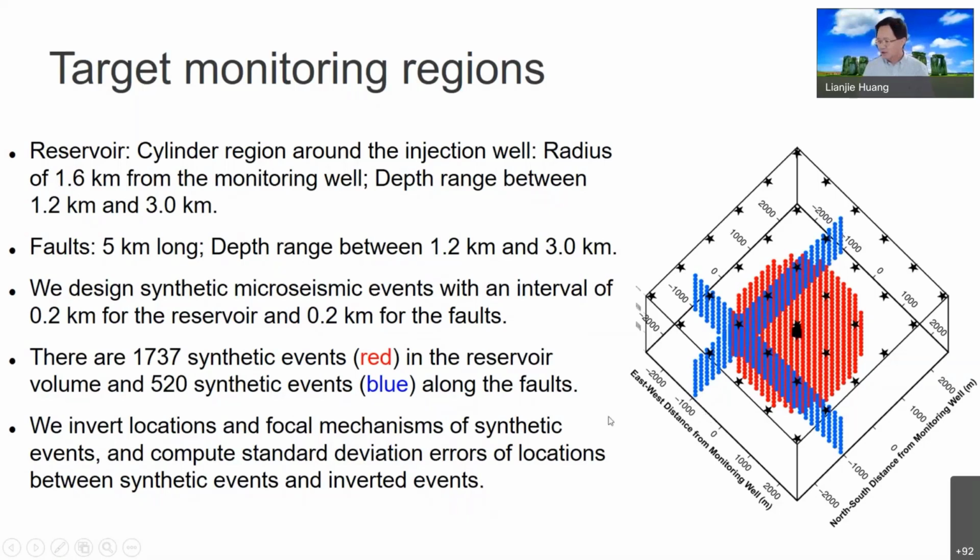Here we use about 1,700 synthetic events for the reservoir, and about 500 synthetic events along the two fault planes. Then we invert the location and focal mechanism of the synthetic events and compute the standard deviation error of location between the synthetic event location and the inversion result.